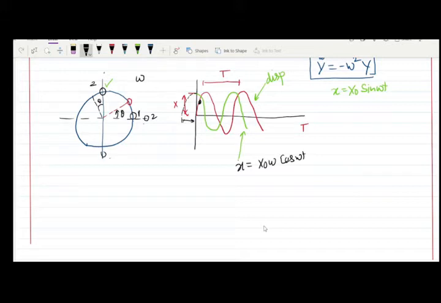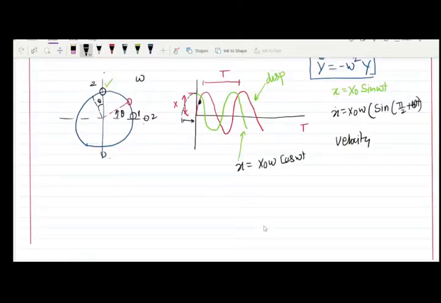And generally, if I write x equal to x naught sine omega t and x dot equal to x naught omega cos omega t, I can convert this function into the sine term. I can write sine of pi by 2 plus theta, for a given instant of time, or omega t. So you can see here that this is the phase lag.